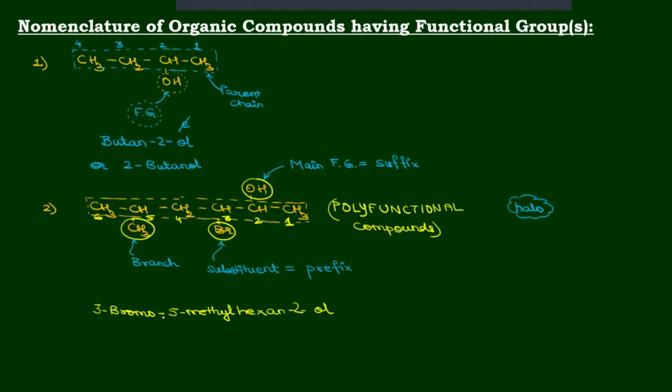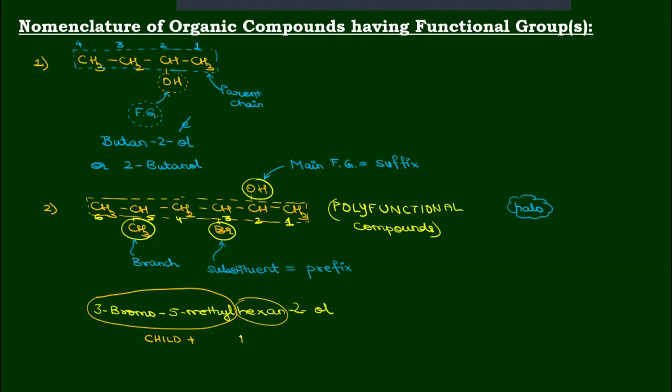Now observe, this nomenclature is the same as how you write your name. First the child's name, followed by the parent's name, and ol is the surname.